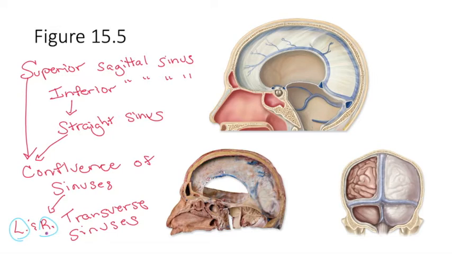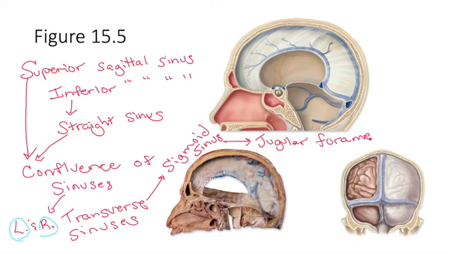Okay, and then from the transverse sinuses, they're going to go into the sigmoid. Obviously, the right's going to go into the right sigmoid. The left's going to go into the left sigmoid. And you're going to see I'm going to have to draw this around the corner. From the S-shaped sigmoid sinus, it goes through the jugular foramen to get out of the cranium.